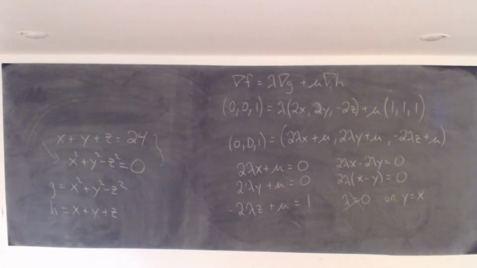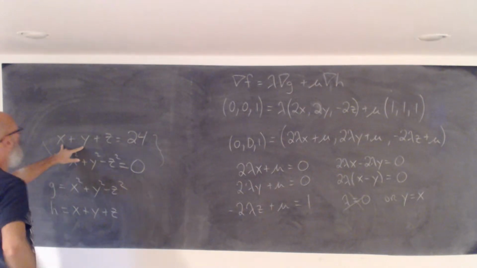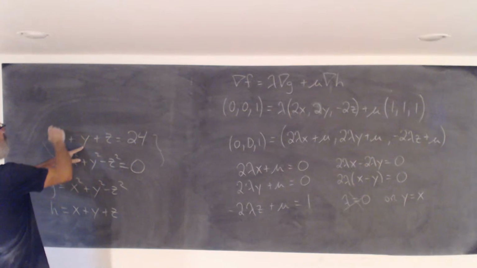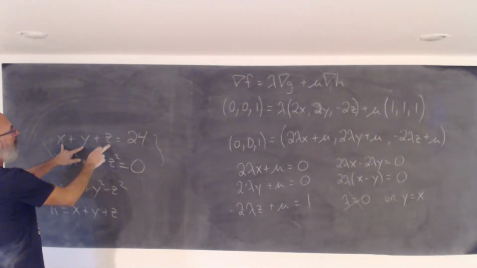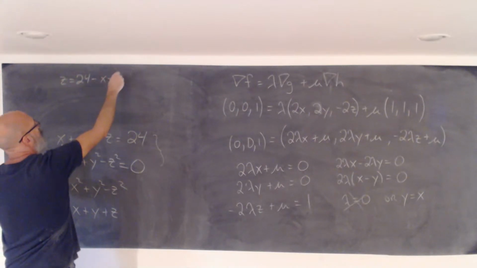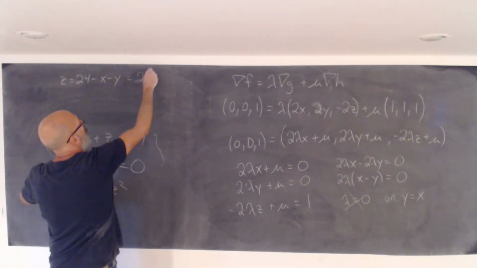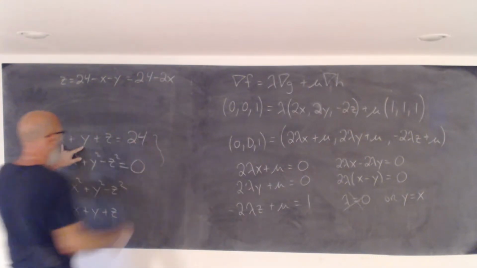Then what? Well, if x is y, then from here, you get that z is 24 minus x minus y, and x is equal to y, so that is 24 minus 2x.